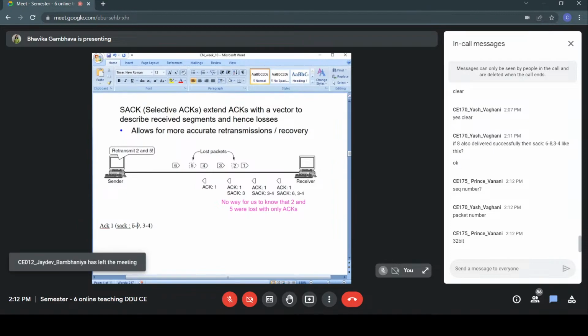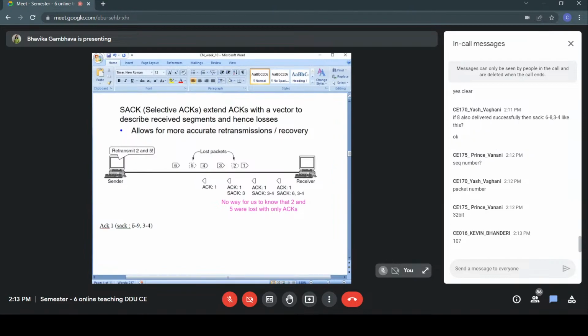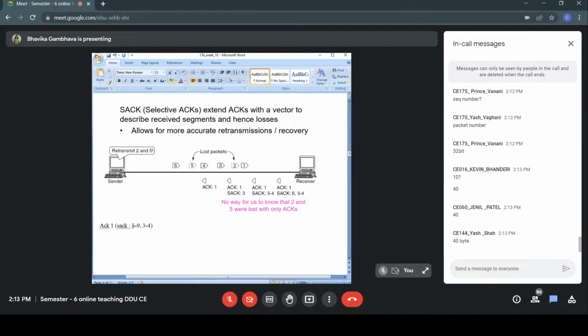Now tell me, wait, maximum how many options do you have? Maximum number of bytes for options. 40 bytes, right? There are 40 bytes of options.